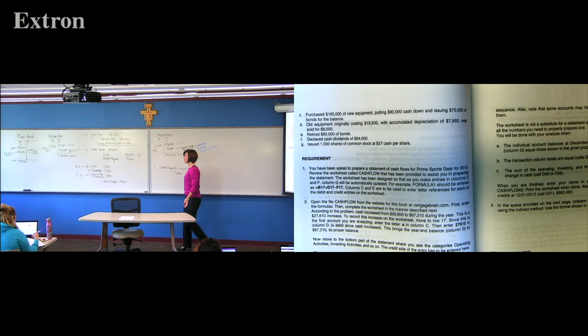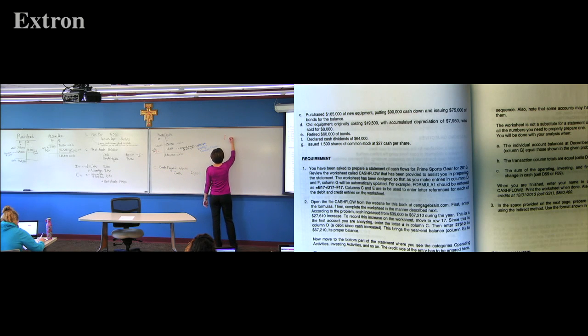When you pay cash dividends, you have to have a sufficient amount of retained earnings to do so, okay? So in this problem, we're simply going to debit retained earnings for $64,000. They don't give us any other details, so this is kind of what I have to go by. We're going to debit retained earnings of $64,000 and credit cash.